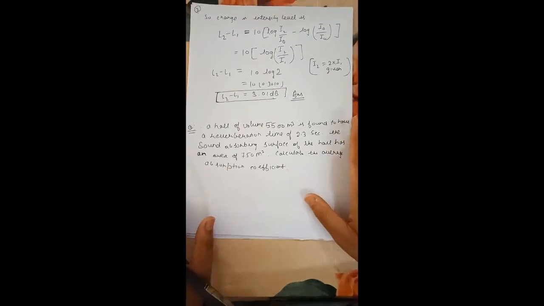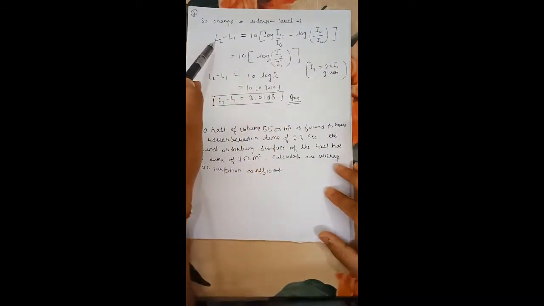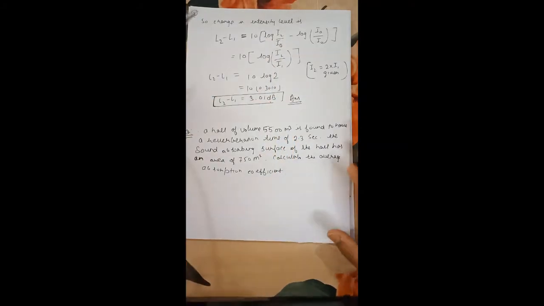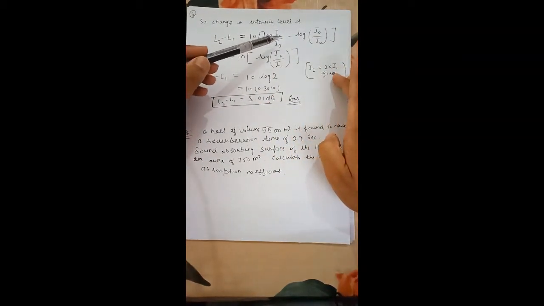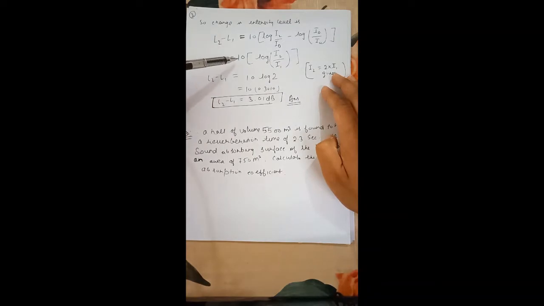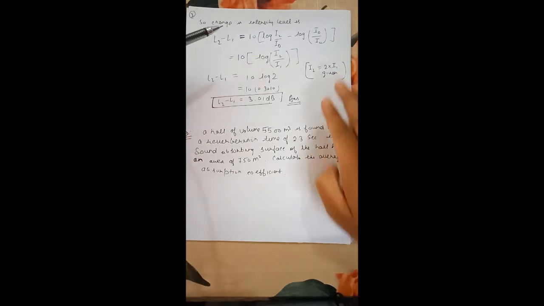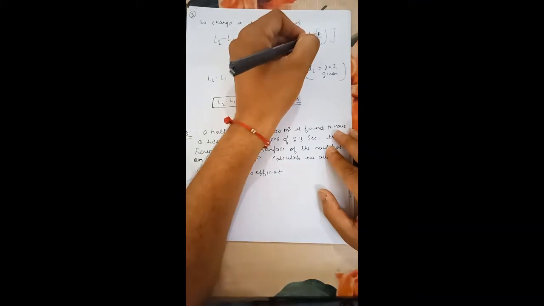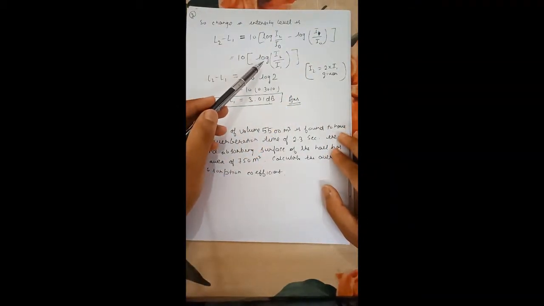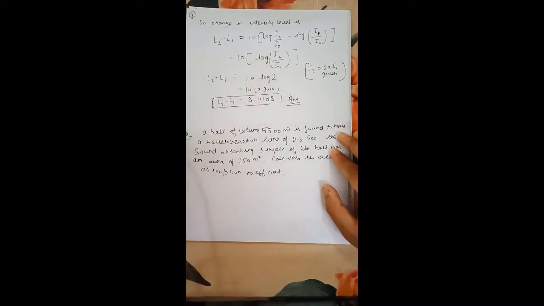Then the change in intensity level is equal to L2 minus L1. So 10 log I2 over I naught minus 10 log I1 over I naught, which gives 10 log I2 over I1. Here, this is I1, my mistake. So L2 minus L1 is equal to 10 log I2 over I1.